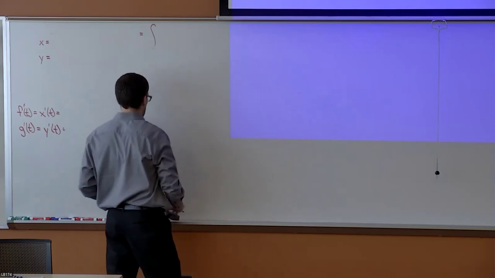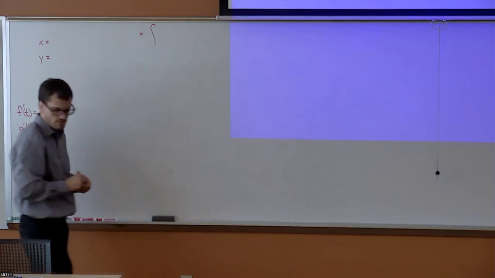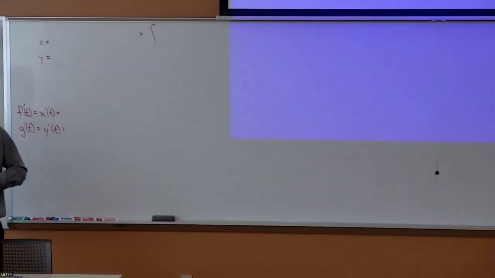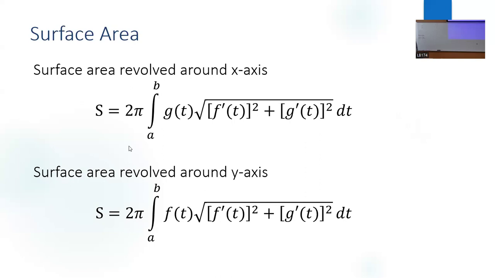And the same thing is true if we rotate around the y-axis. So that gives us our basic formula where we do 2 pi, integrate essentially radius times arc length. If we're revolving around the x-axis, our radius is going to be g of t.